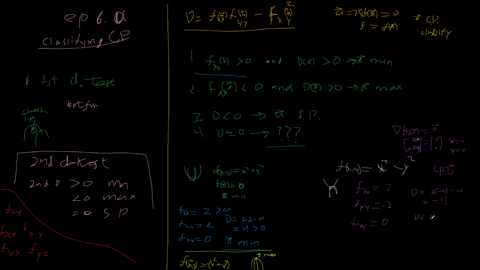D is less than 0, so the 0 vector is a saddle point, and that matches what we know from the graph. I hope that makes sense. We're going to get into a few more examples of using this, then connect it with what we've been learning, and then finally look into actually doing some physics.